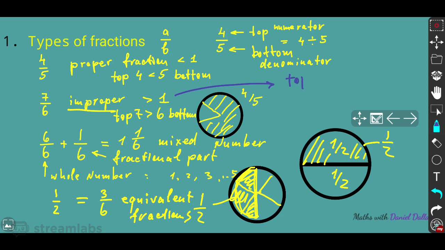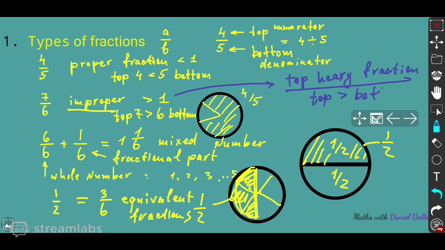It's called the top heavy fraction, which means simply that the top one is greater than the bottom one, and that's equivalent to improper. Sometimes in questions, you might meet this as 7/6, or you might be given the word top heavy. That means that the top is greater than the bottom.